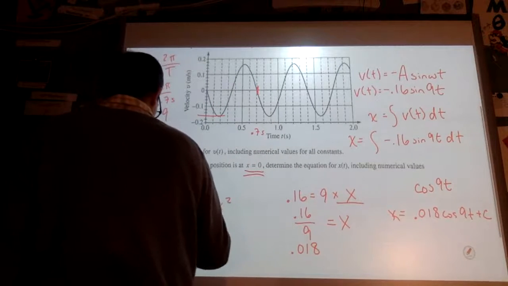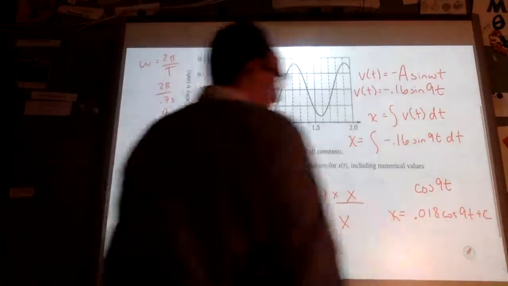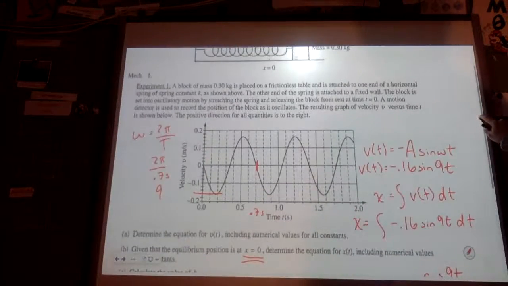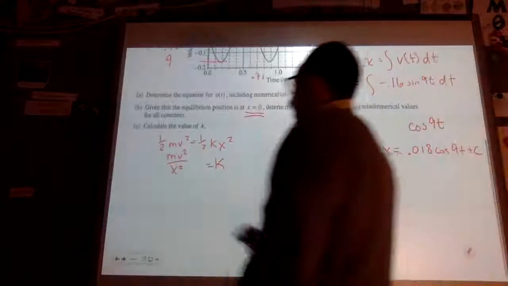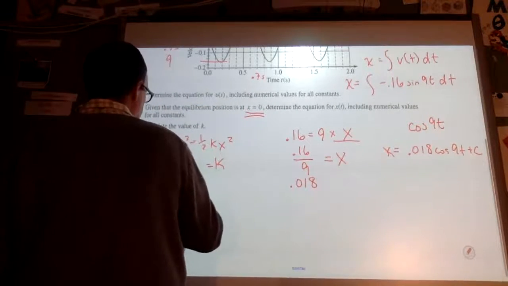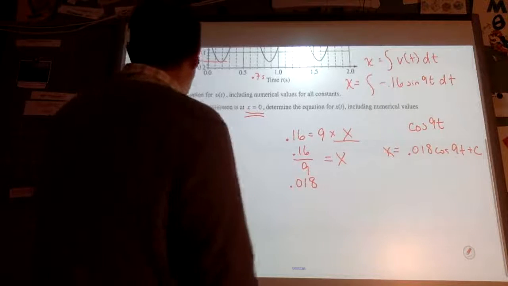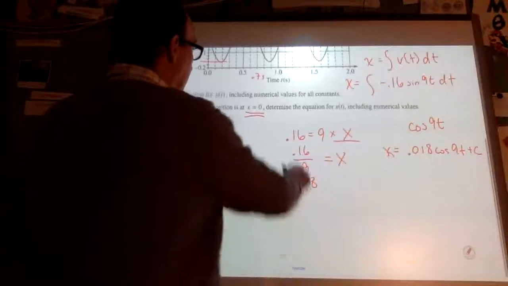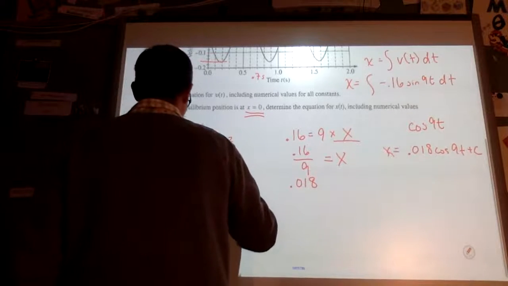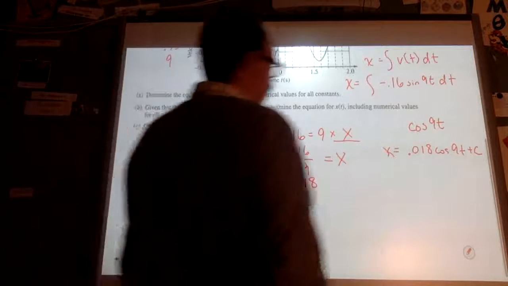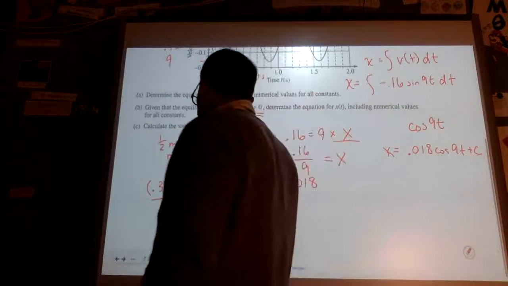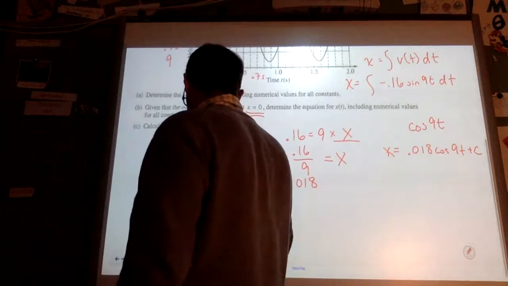A 1/2 cancels out, lucky us. Our mass is 0.3 kilograms. I have a maximum velocity of 0.16 that we got from the graph. And we have a maximum displacement of 0.018, which we got from the integral.